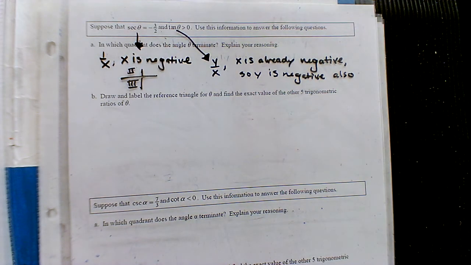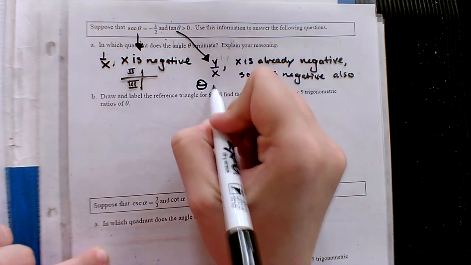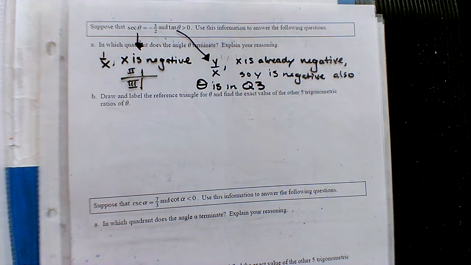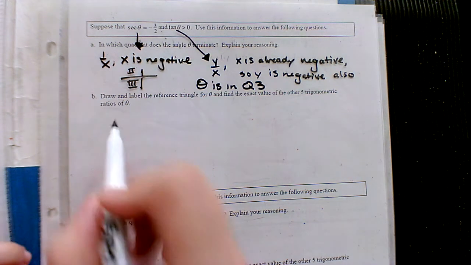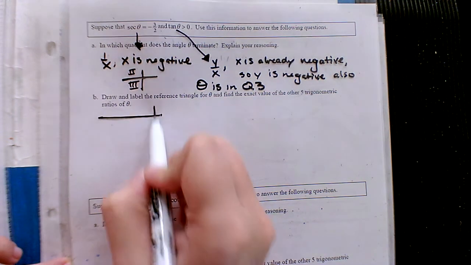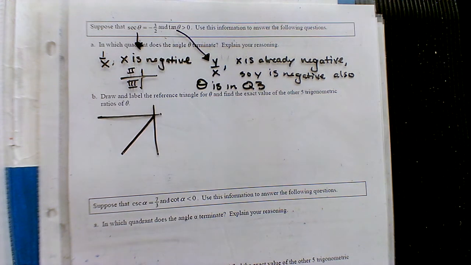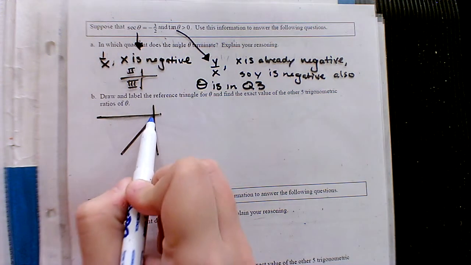If we have a negative x and a negative y, which quadrant are we in? There we go. So theta is in quadrant 3. Let's draw that angle in quadrant 3. We don't know what the angle is, we just know we're in quadrant 3 somewhere. With that angle in quadrant 3, we will form a reference triangle, a triangle that touches the x-axis.